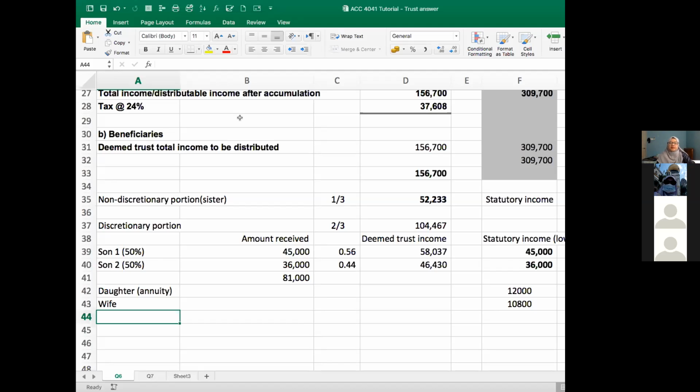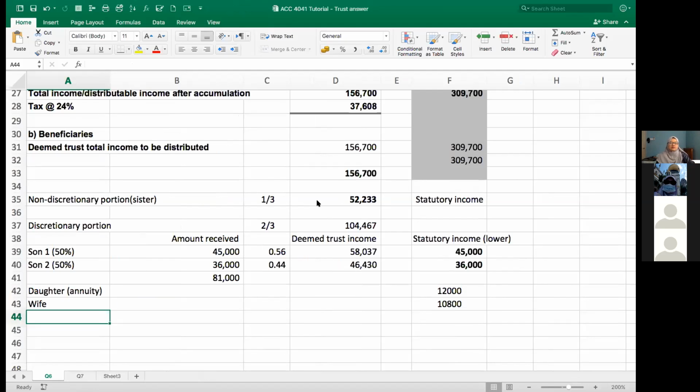Okay, so how many of you have done this? Give me your statutory income from business. What is your statutory income from business? 386,429.